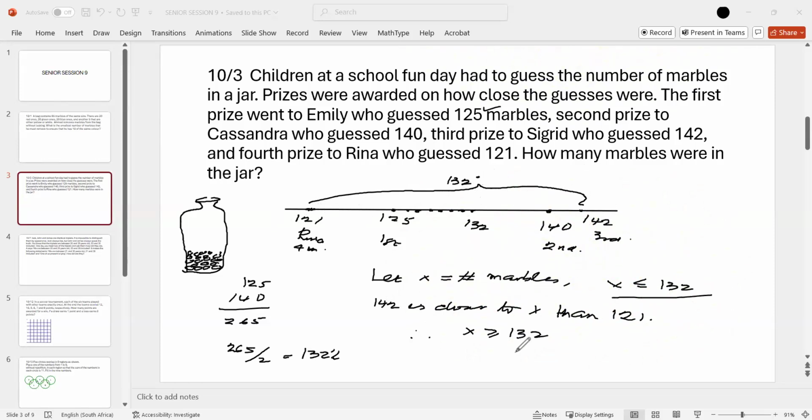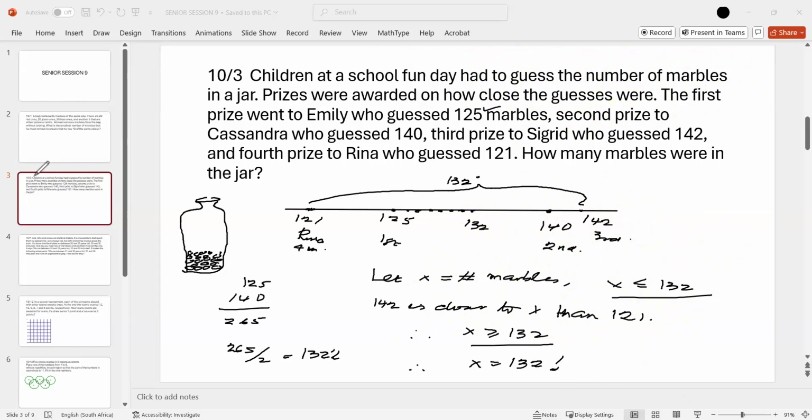But now you have these two things, you see. So very beautifully, by just looking at the logic of this, you can see that the number that we're looking for is greater than or equal to 132. It's also less than or equal to 132. There's only one number which satisfies both of them. So the number of marbles is 132!